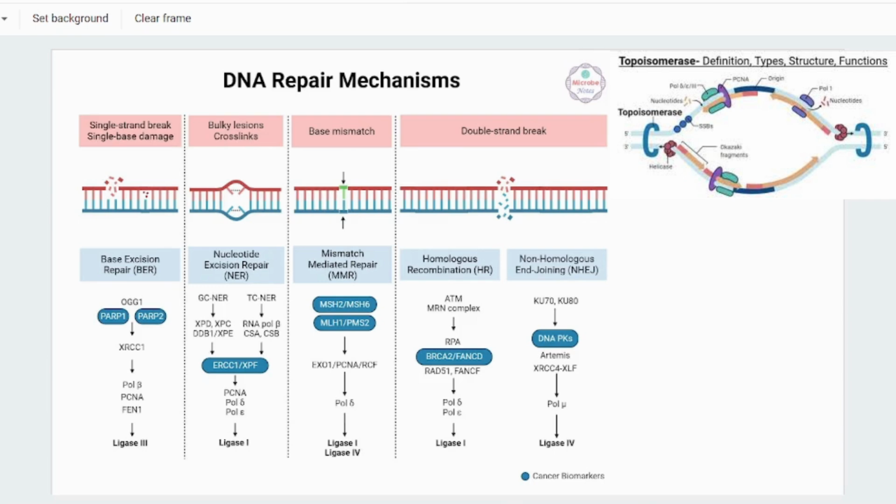There may also be errors at replication forks and the action of topoisomerases, for example type 2 topoisomerases, making complete double-stranded breaks in the helix. Additionally, DNA replication can be continued past error sites by specialized DNA polymerases known as translesion synthesis polymerases that can insert residues opposite damaged sites, proceeding along the strand and repairing damage later.